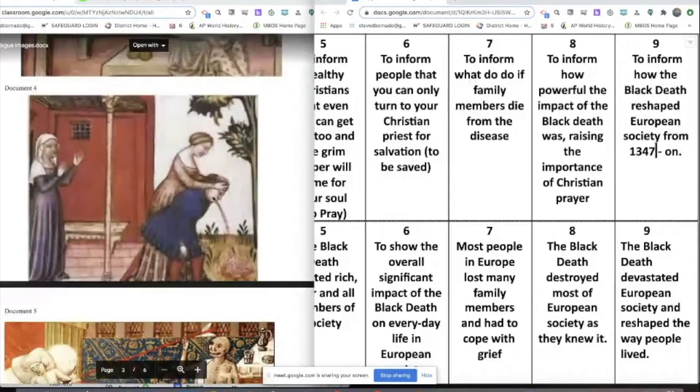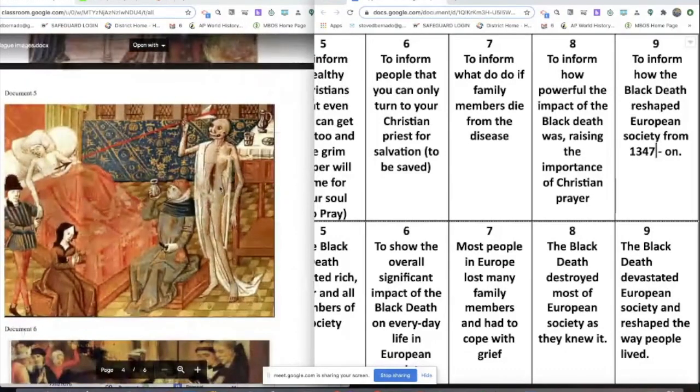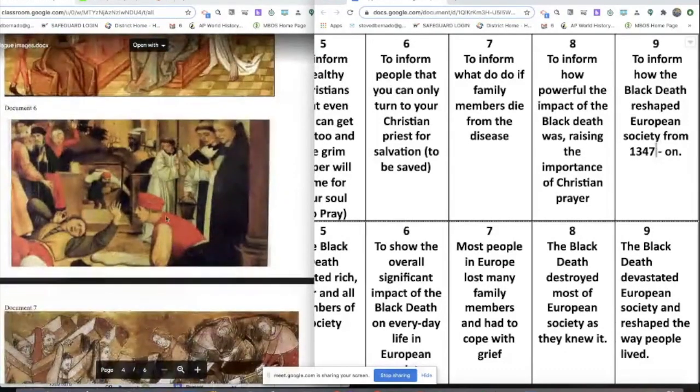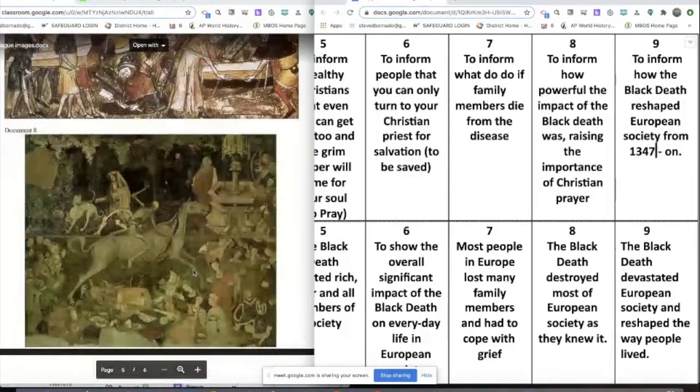How should Christians who are living in Europe react to that? Take care of each other, as evidenced in image 4. Image 5, even the wealthy can die too. Image 6, now they show all of society suffering. Image 7, certain death of 1 out of every 2 people in European society. Image 8, now it's absolute chaos. So many are dying.